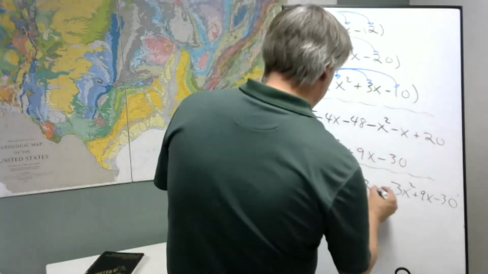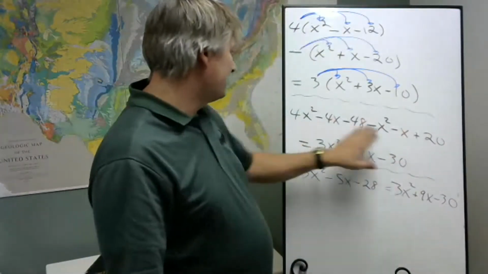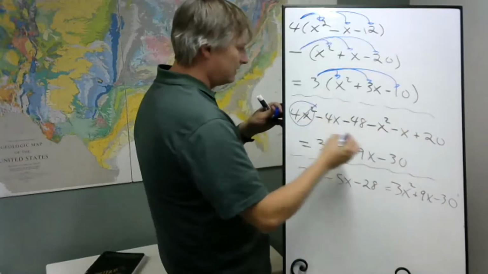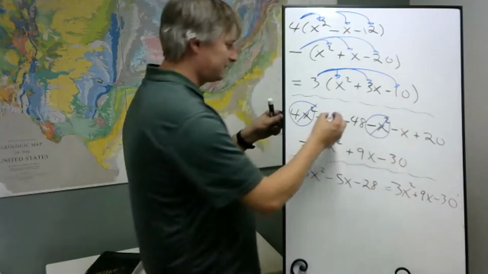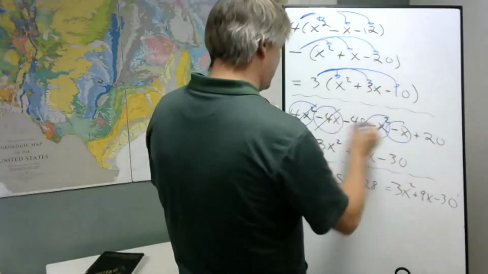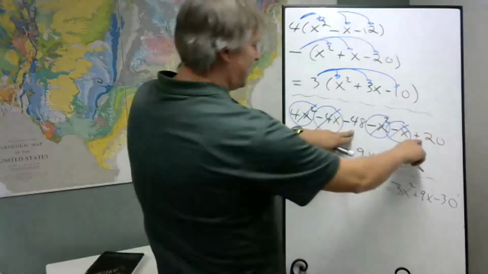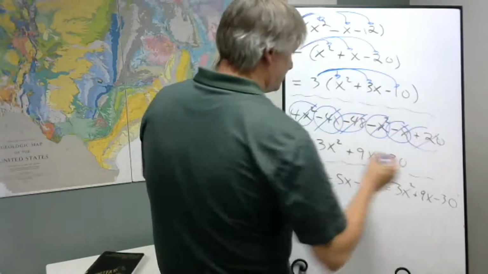Let me double check. 4x squared minus x squared, that's 3x squared. Another thing that helps when you combine like terms, cancel these as you use them. So minus 4x and minus x is minus 5x. Okay, we're good. Minus 48, positive 20, negative 28. So we've got that.